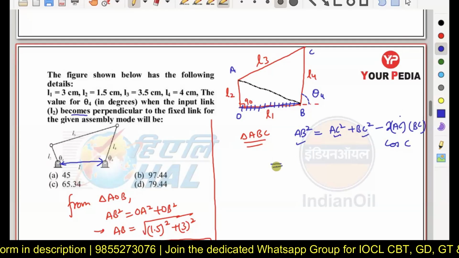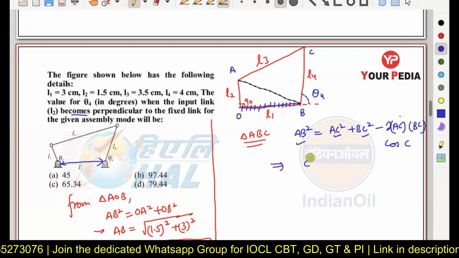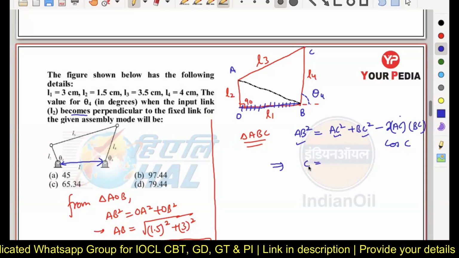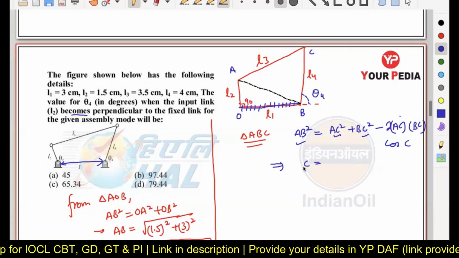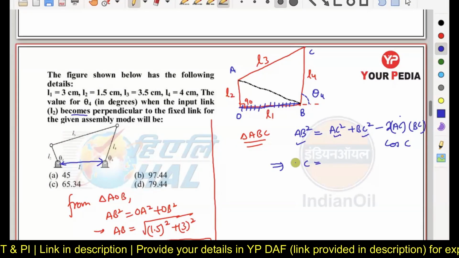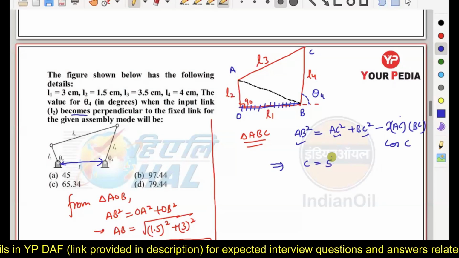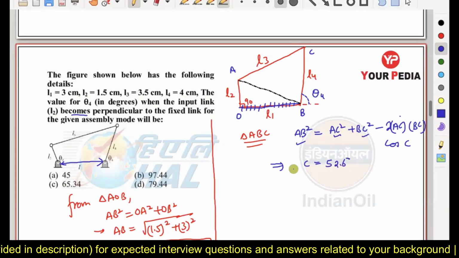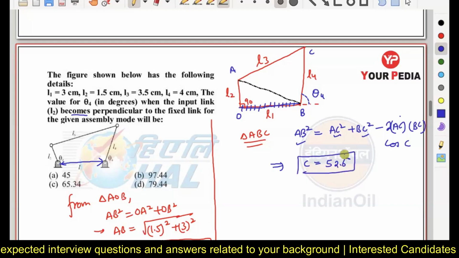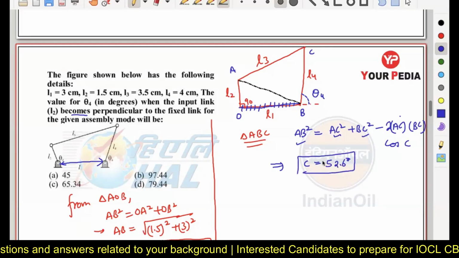If you just put all the values, you can easily calculate the value of the angle C here. So angle C is coming out to be around 52.6 degree.